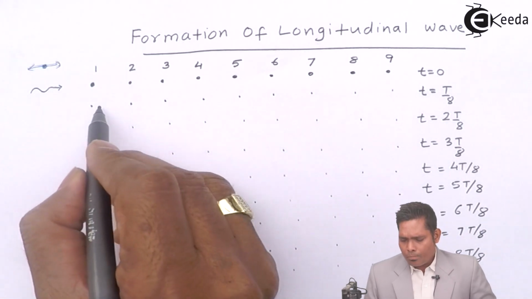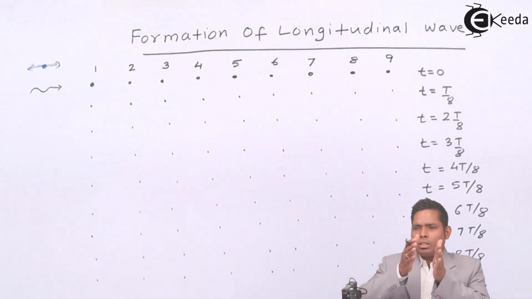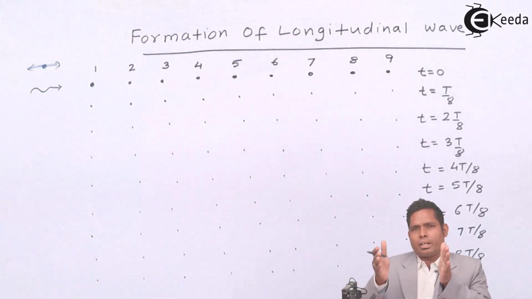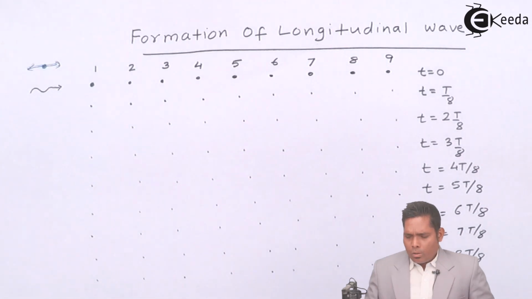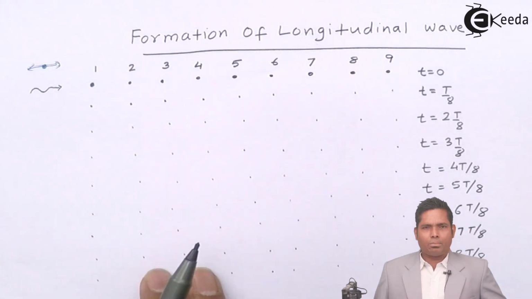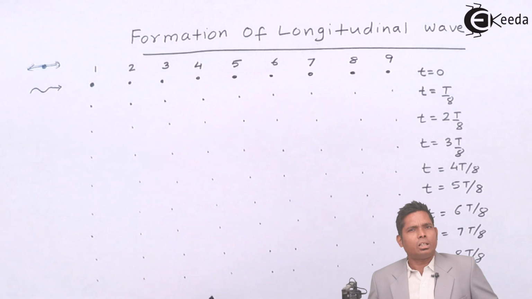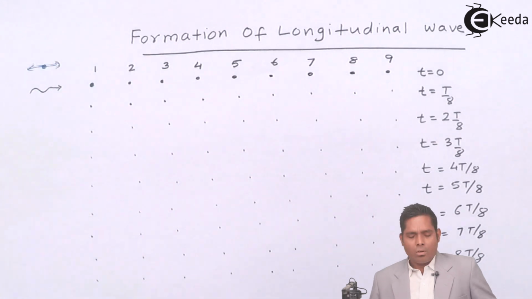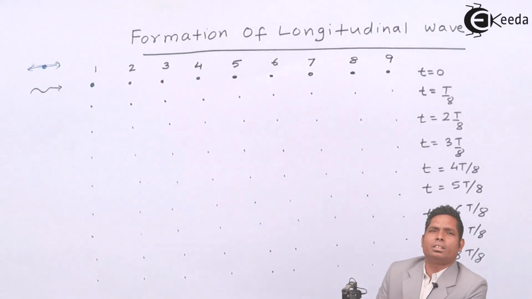But how far will it go? To reach the amplitude position, it will take time T by 4. So in T by 8, it will reach half the amplitude. Exactly, it is not half the amplitude because the oscillation is not linear in time, but still we will say that it reaches nearly half the amplitude. It is more than half the amplitude, but we will say that it is half.